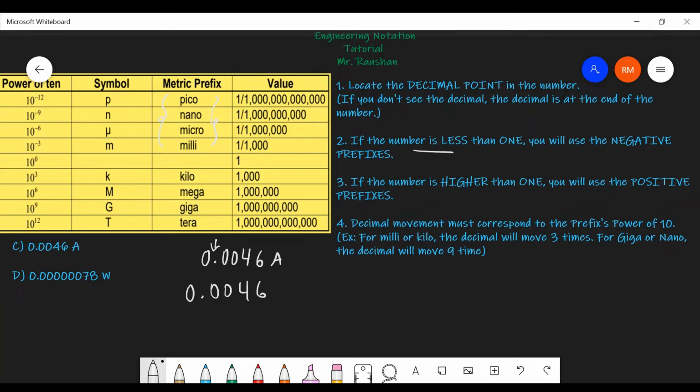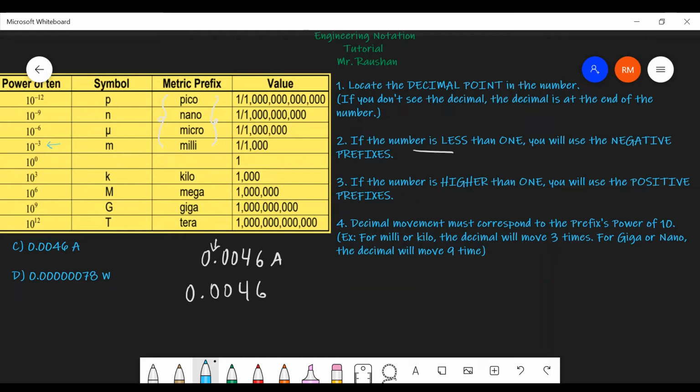If we convert it to milli, how many times do we move the decimal point? We have to move it at least 3 times, because the decimal movement has to correspond with the metric prefix. So let's move it 3 times and see where we end up.